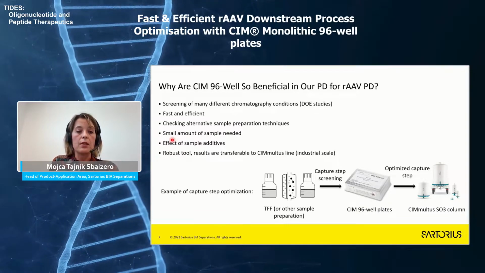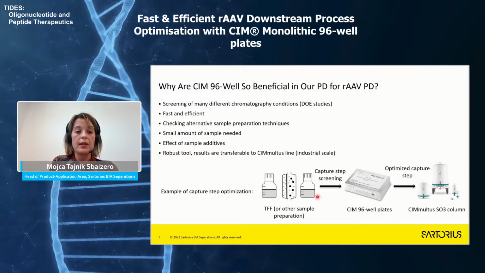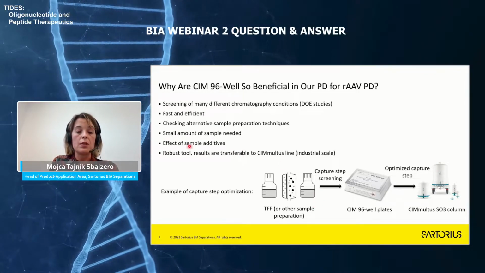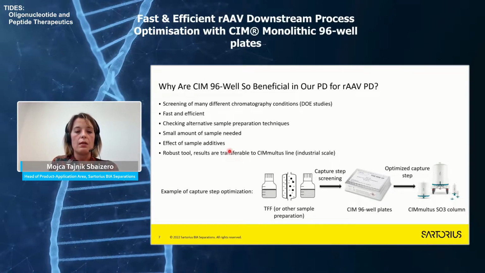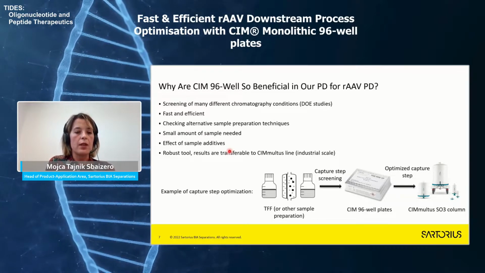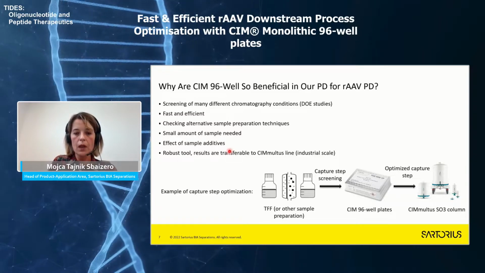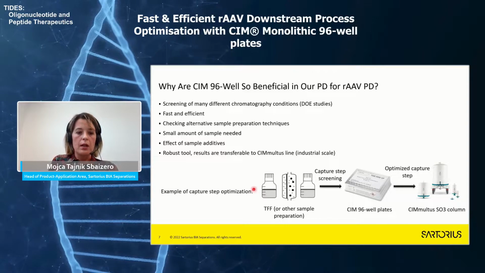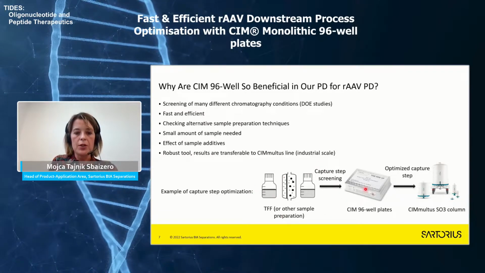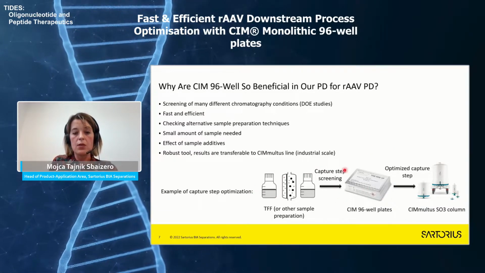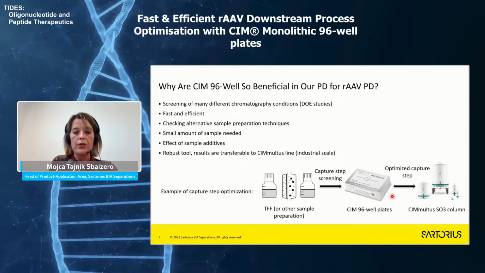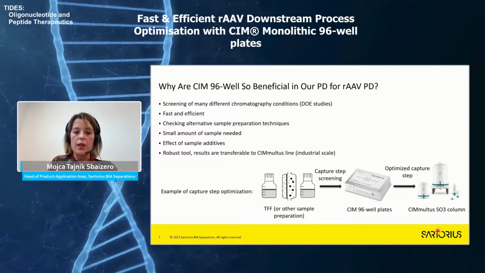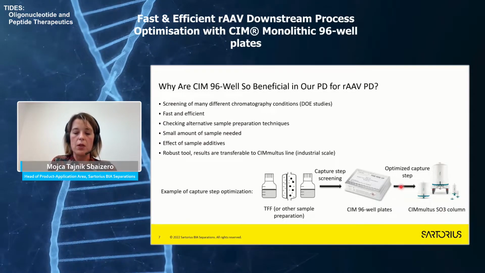We also check different sample preparation techniques prior to the SO3 column, for example the effect of additives, to see if we can achieve better recovery and so on. In our example, which I will talk about later, we had sample preparation, then we used the CIM 96 well plates for the screening of the capture step, and then we transferred these results to the Simultus SO3 column.